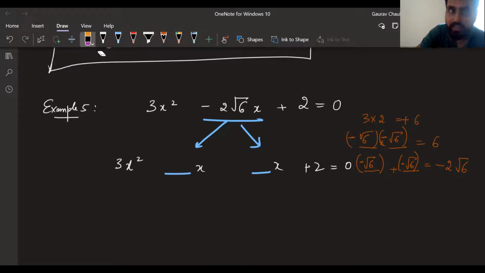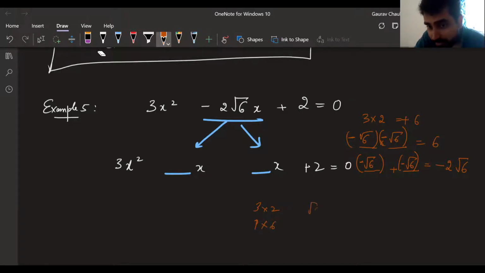With a little creativity, I'm not making up anything new here. I'm being creative in thinking outside the box. When I say I, I mean you, whoever is doing the problem. You're being creative in thinking a little outside the box. I know 3 into 2 will not give me root 6. 1 into 6 will not give me root 6 in any way.